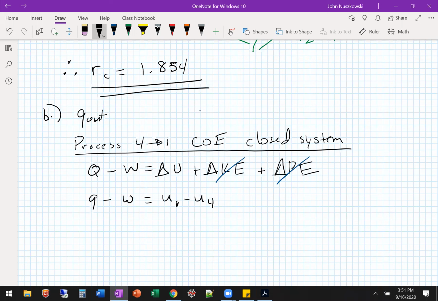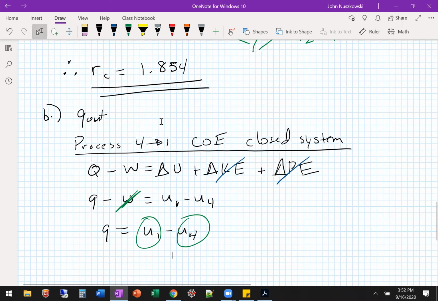Yeah, so there's no boundary work. So then we just have Q equal to U1 minus U4. So we need U1 and U4.